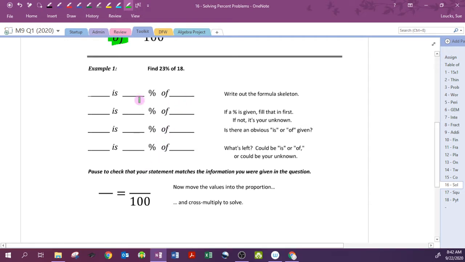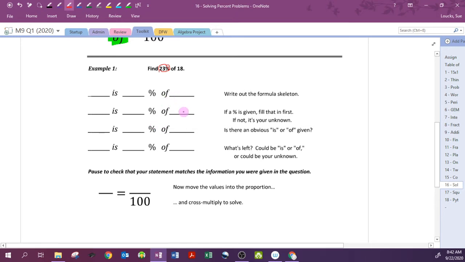So the first thing is to write out this equation of blank, or the skeleton. Blank is blank percent of blank. And then you look at your question, and we're doing find 23% of 18. And I look for a percent. So is there a percent? Yeah, there's 23%. Percent is usually easy to spot. It's either written like 23%, or it's got percent as a word, or sometimes it has what percent, or some percent, or find the percent, something like that.